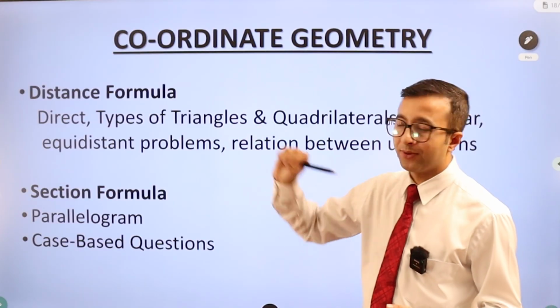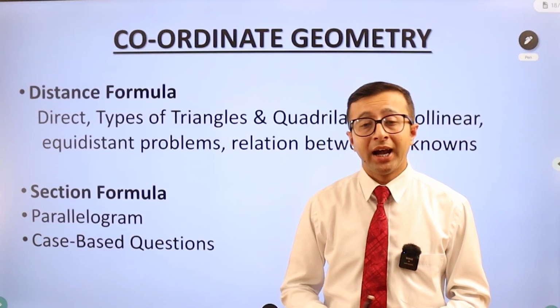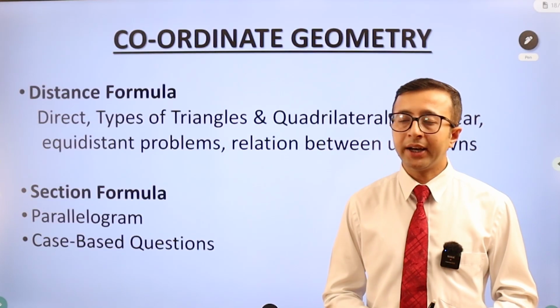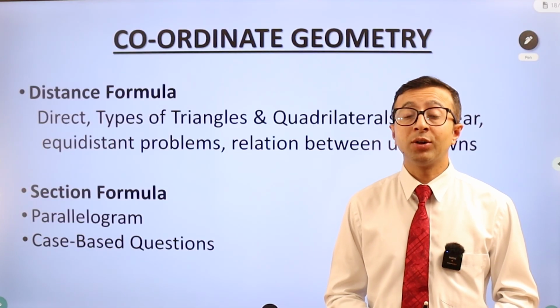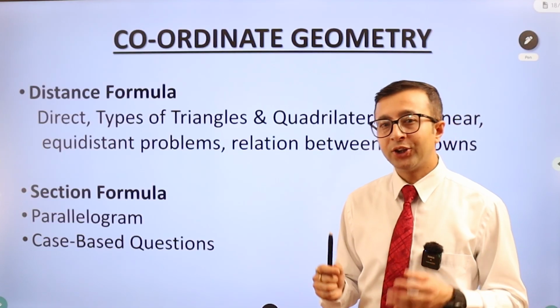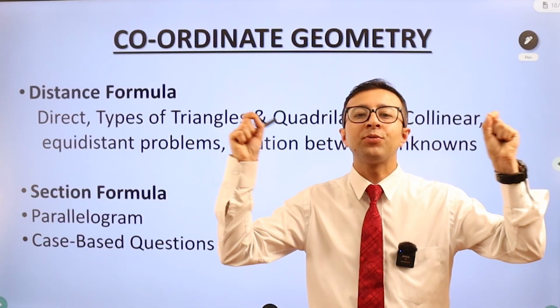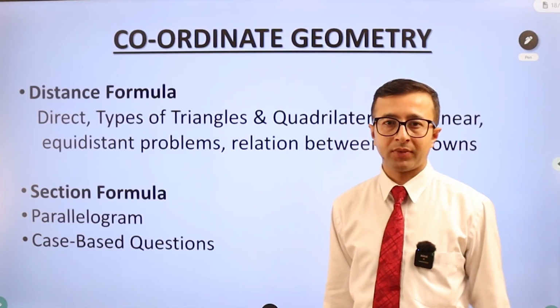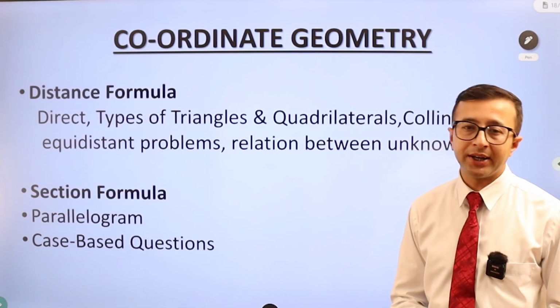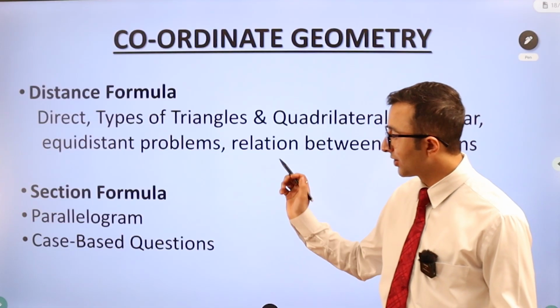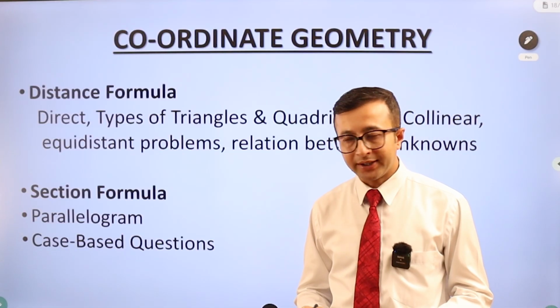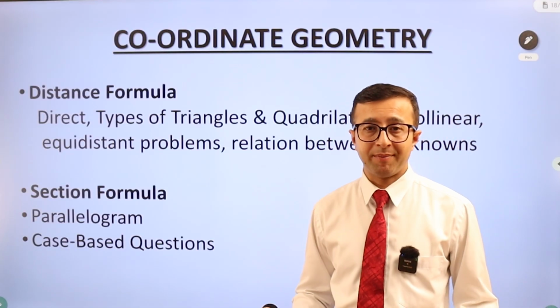These are the parts that will be there from the distance formula. And from the section formula, a direct question may be there to find the point of division, when the ratio and the 2 endpoint coordinates are provided. Another is the midpoint formula, which also comes under the section formula. And another thing is the parallelogram.